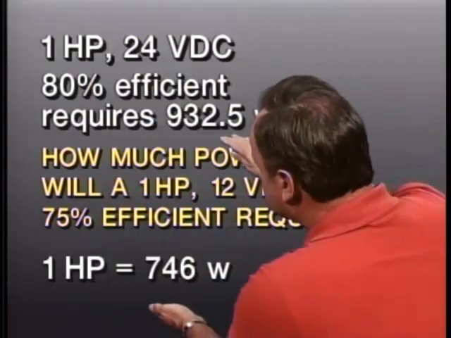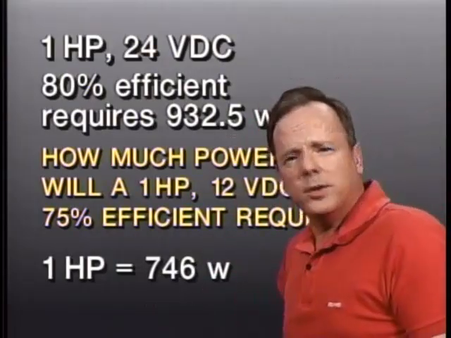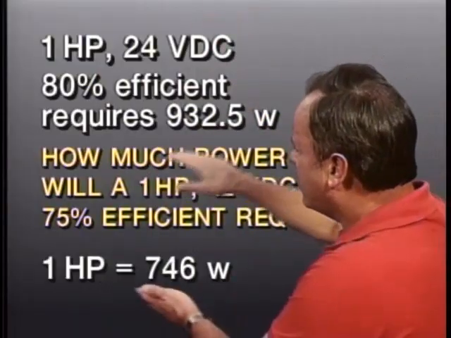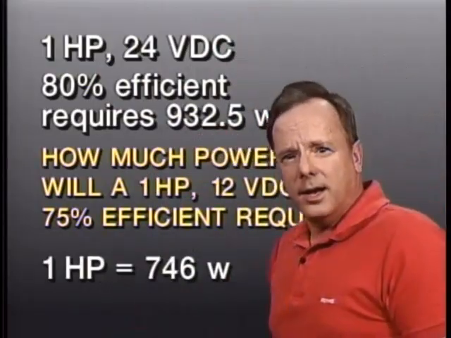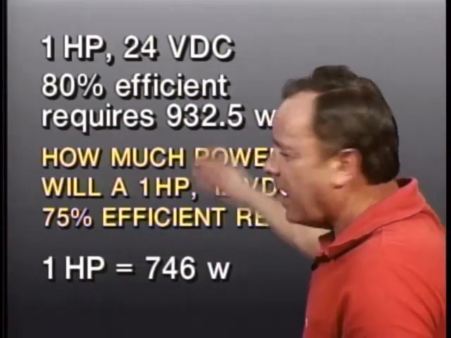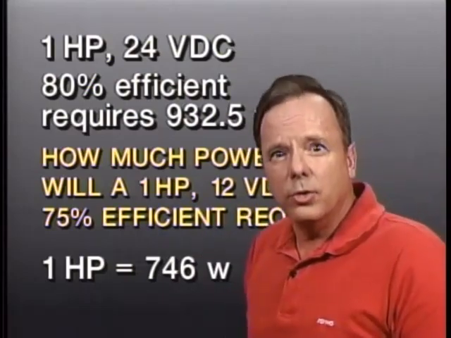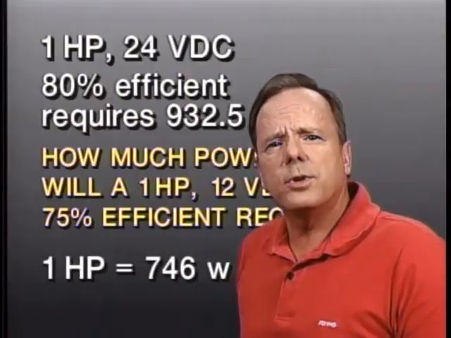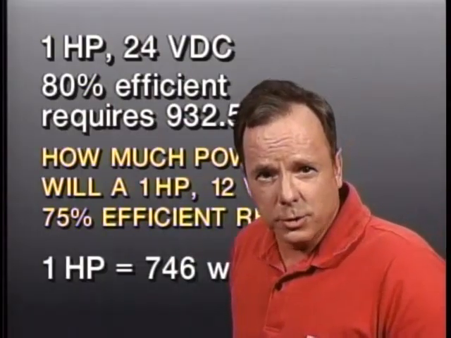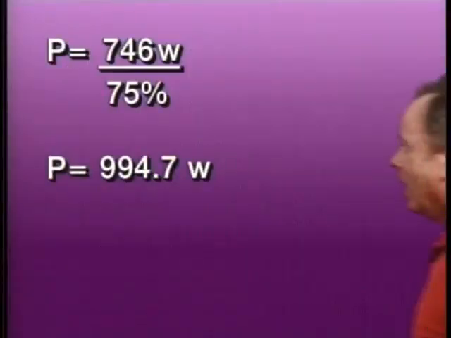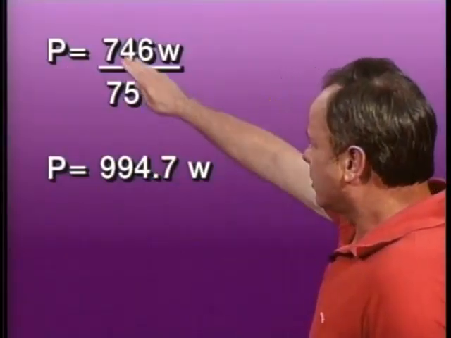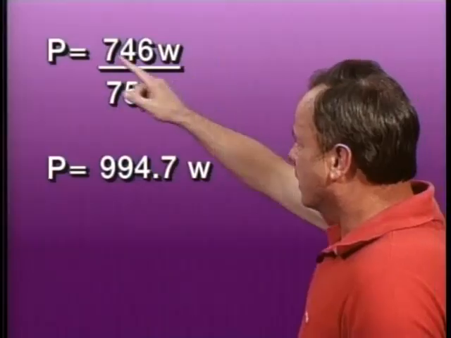Now you might look at this and say, hold it, wait a minute. What does this top part have to do with this question? I've got the information I need right here, don't I? And the answer is, this top part had absolutely nothing to do with the question. They just threw that in there to confuse you. It works, doesn't it? Well, now, if this motor were 100% efficient, it would take 746 watts to produce this 1 horsepower.